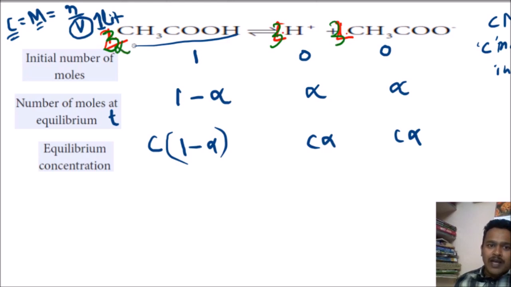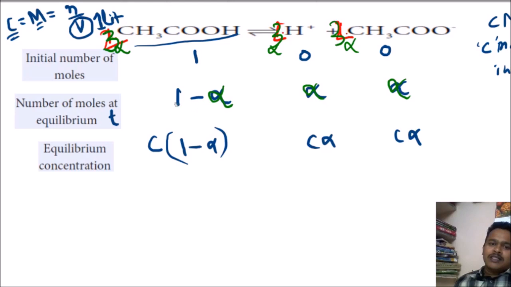Alpha completely ionized means alpha H plus and alpha CH3COO minus. Whatever is missing from the acid, the same amount is forming here, based on the stoichiometric coefficients of the given equation.